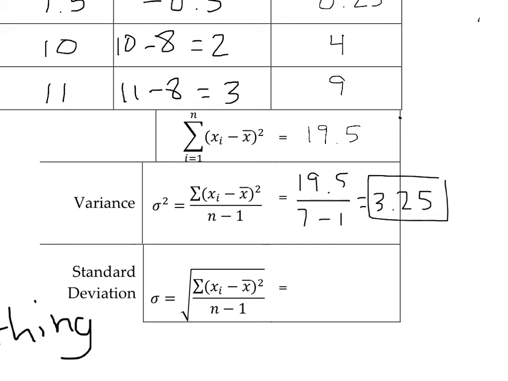So all we have to do here is take the square root of 3.25. And that will give us our standard deviation. And that is 1.8. I'm going to go out to the hundredths place here. So 1.80277. So let's put 1.80. Okay, and that is our standard deviation.